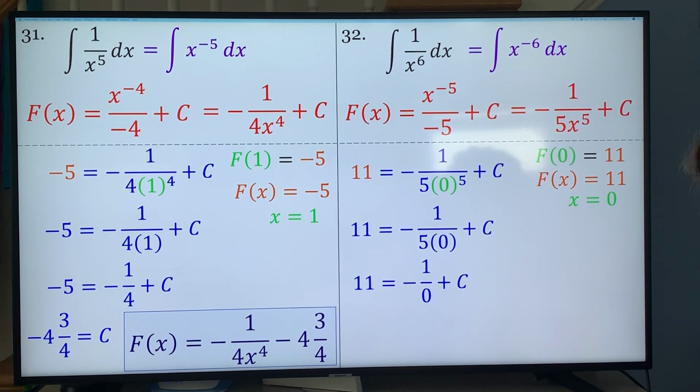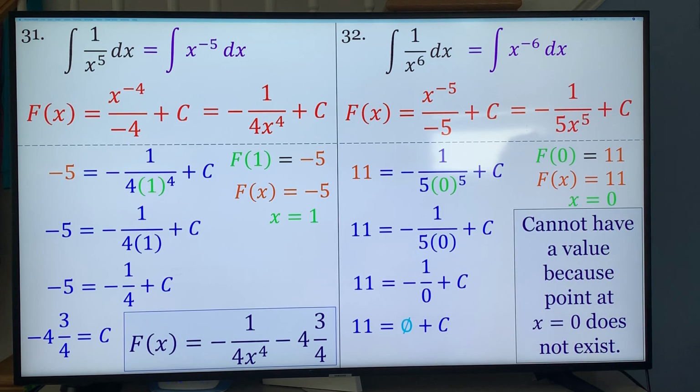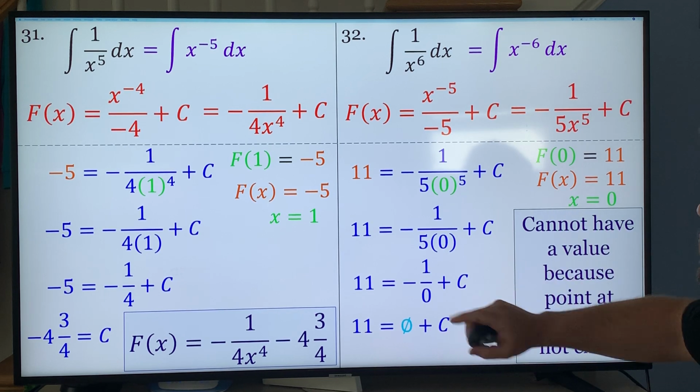What is negative 1 over 0 equal? 0? No. Uh-oh. It's undefined. So 11 equals undefined plus c. So does c equal 11? No. What does c equal? Cannot have a value. There is no value for c here. All right? Because a point at x equals 0 does not exist. Because in this case, there's no point at 0.